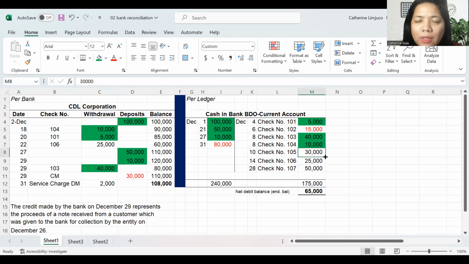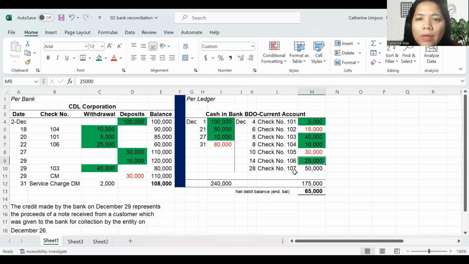Okay. So this check number 105 did not appear in our bank statement. Therefore, this is our reconciling item. Okay. Make it red font. How about check number 106, 25,000? Yes, we also have 25,000, check number 106 in our bank statement. So we will have a color for this one.